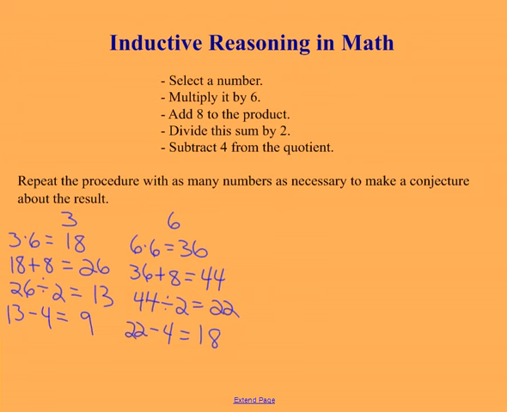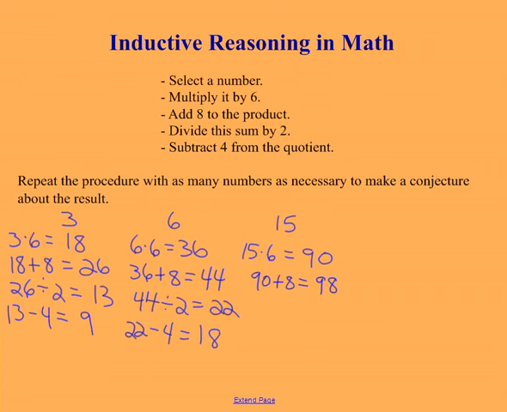Okay, let's pick a third number. We probably should go to somewhat of a bigger number instead of just working with small numbers. So how about 15? Okay, multiply 15 times 6. Well, 15 times 6, we have 30, carry the 3, 6 and 3 is 9, 90. All right, add 8 to 90, so we have 90 plus 8, which is 98.